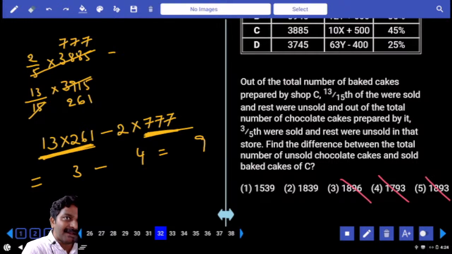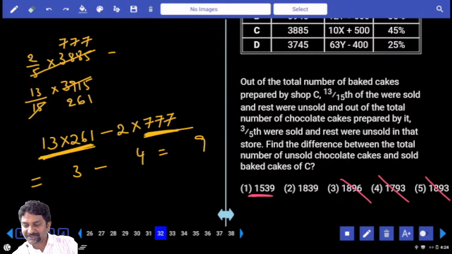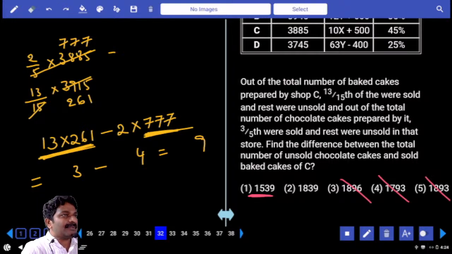Correct? From a 9 multiple, if you subtract only a 3 multiple, can your answer be a 9 multiple? Come to the options. Is the first option a 9 multiple? Can that be your answer? Second, final.